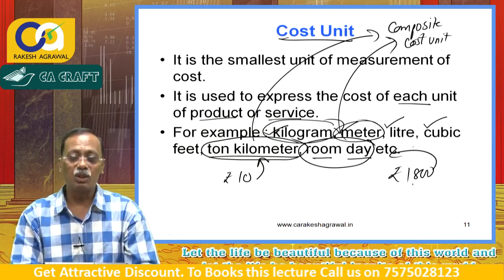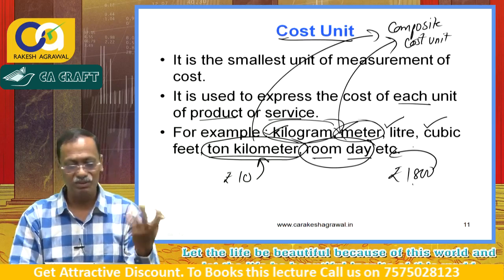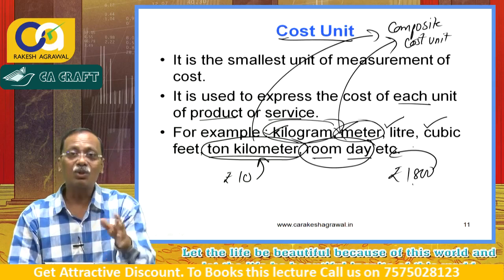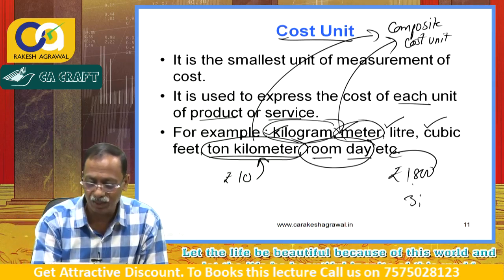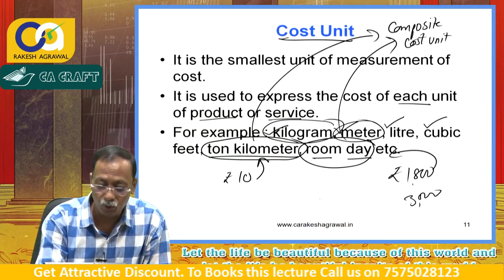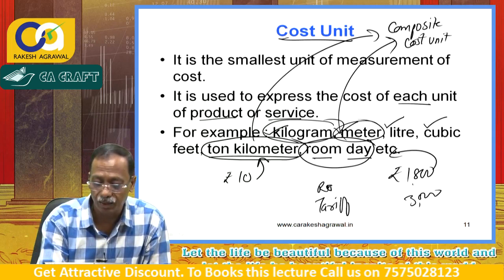Generally, these composite cost units are used in the service industry to express the cost. And based on this cost, we decide the room tariff for the hotel. Suppose I may be charging a customer rupees 3,000 per room day. This is called room tariff for the hotel industry.